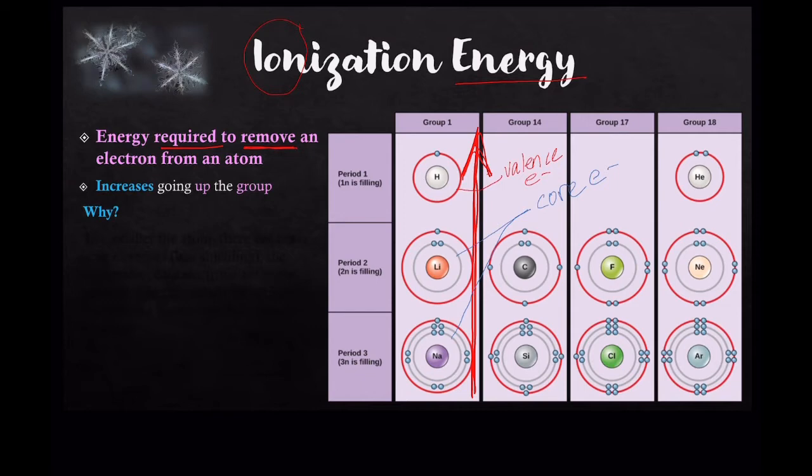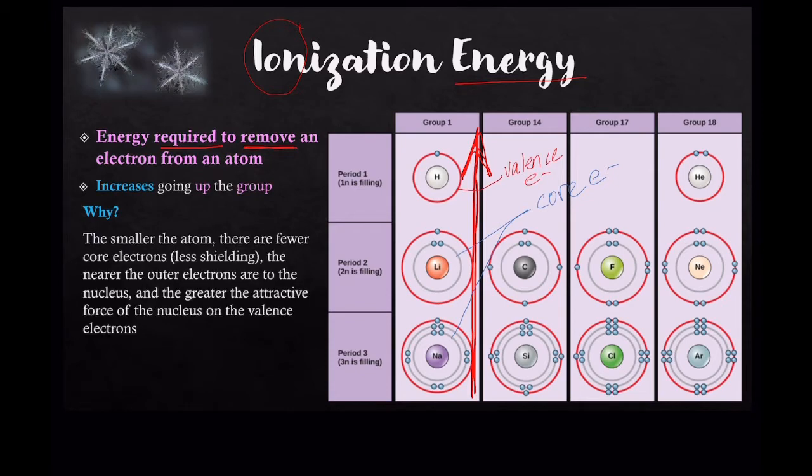The size of the atom is smaller as we go up the group. And because the valence electrons are closer to the nucleus, due to the fact that there are fewer core electrons, the outer electrons are not as shielded. So there's less shielding as you go up a group.